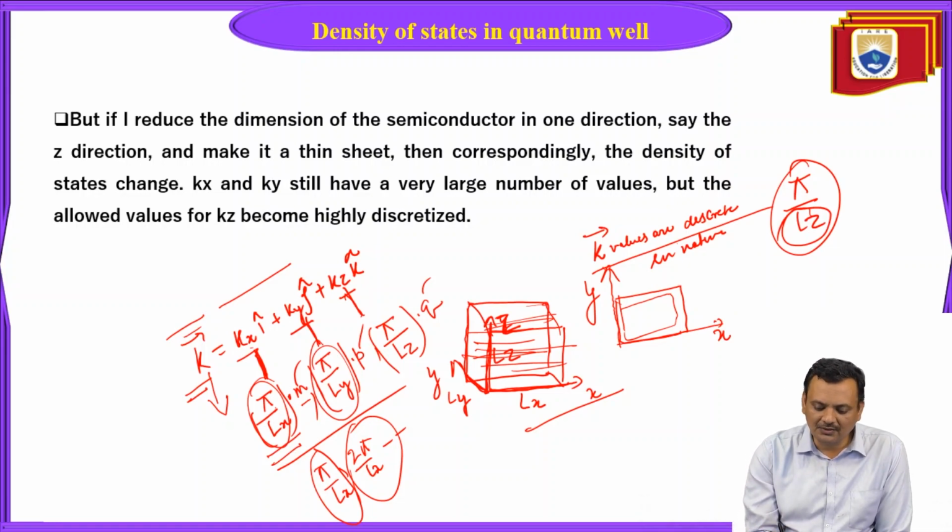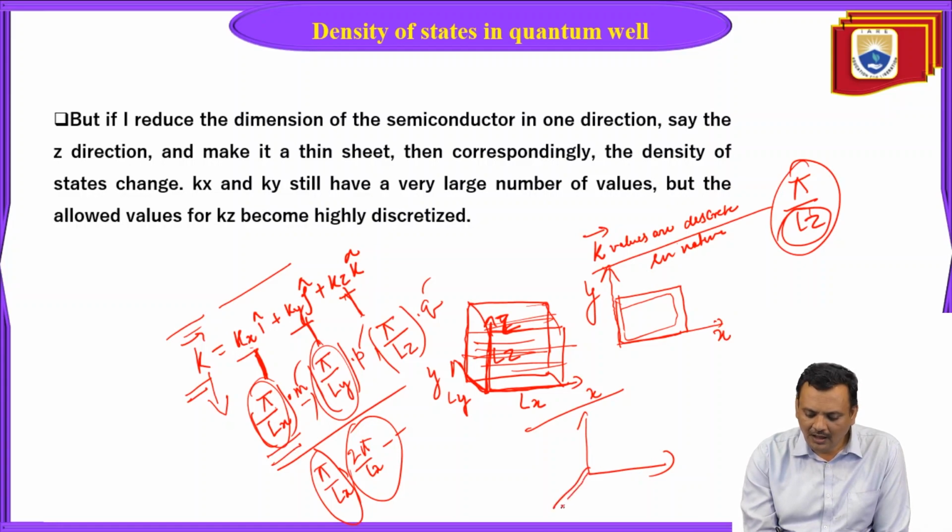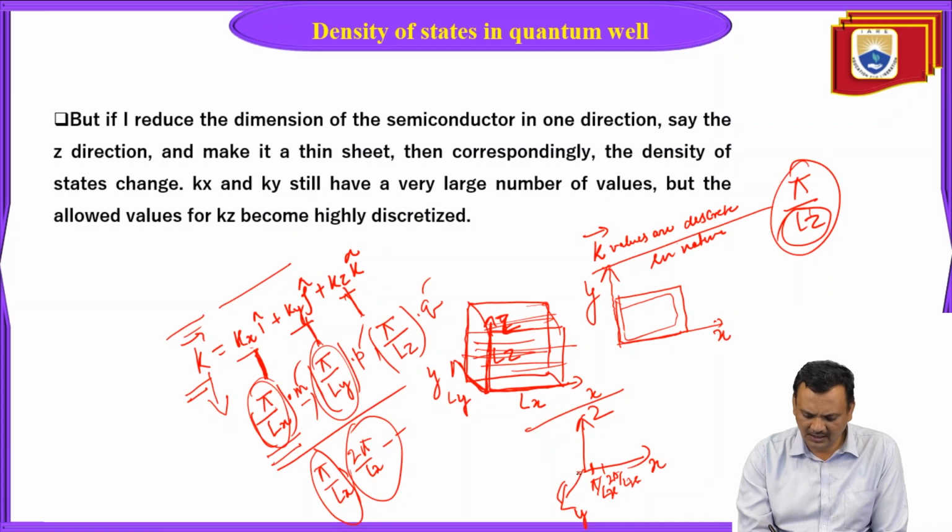Suppose this is x, this is y, this is z. The first value pi upon Lx, as in bulk, then 2 pi upon Lx, as in bulk. In the y direction also the same, pi upon Ly.